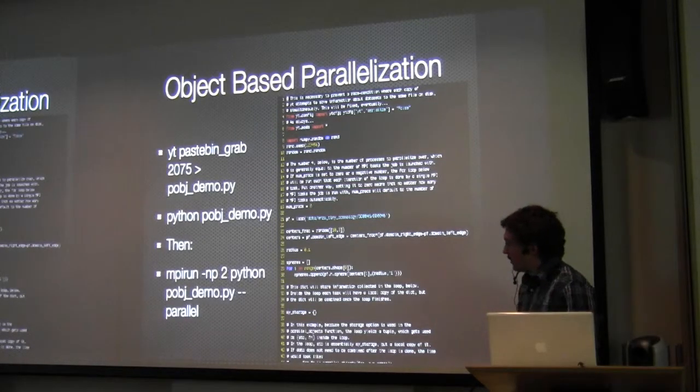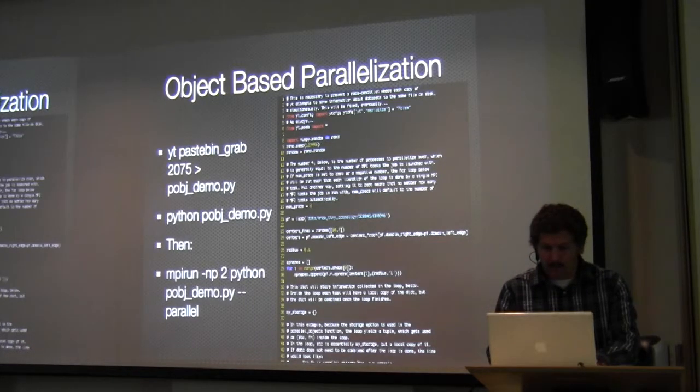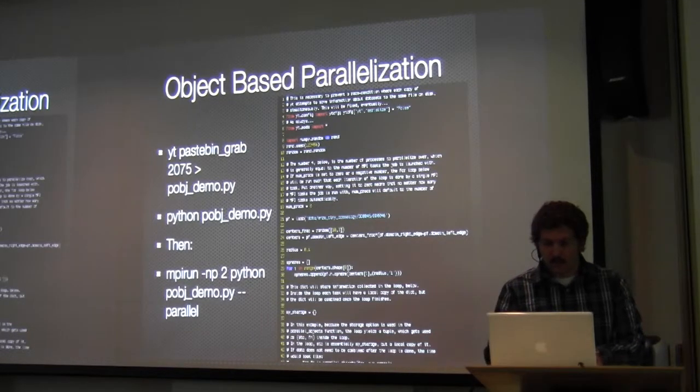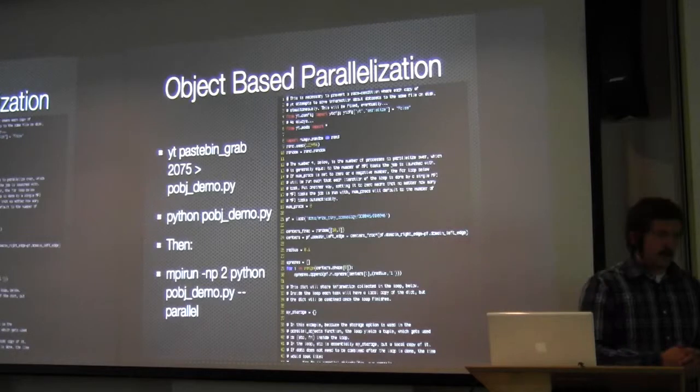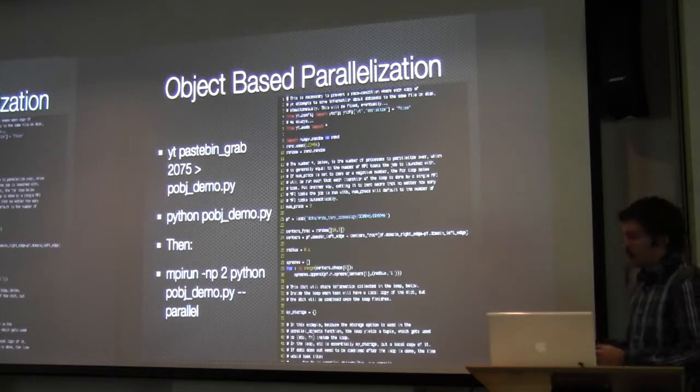Out of those spheres, it's going to go through and calculate a derived quantity, which I think is a weighted average. I think it's bulk velocity, actually. It's then going to split up that operation among your processors and return the results.